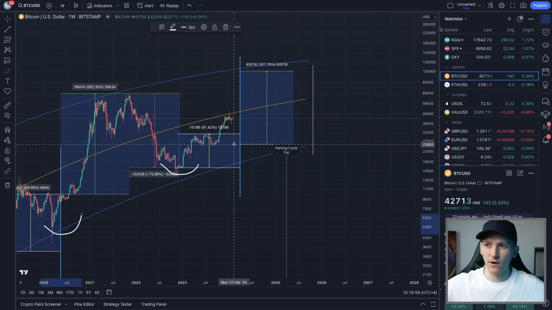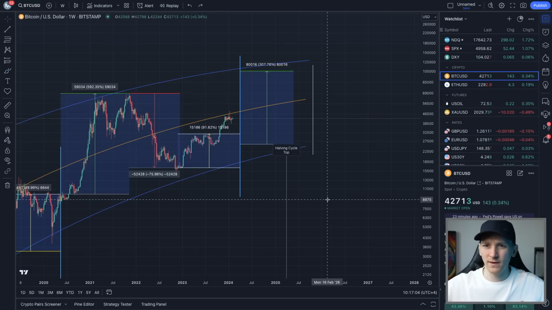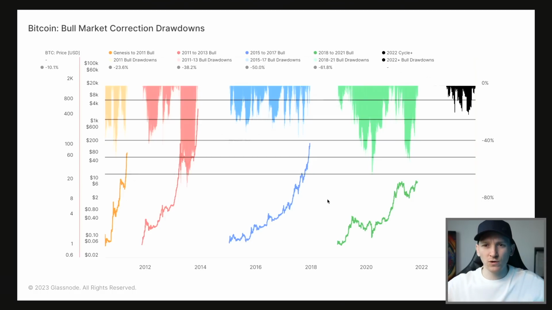So these are very good to keep your eye on. A drawdown of around 20% is very normal for Bitcoin during a recovery or a bull market, and we can be looking out for those, right? You don't want to just take a long position randomly. You want to look at a potential drawdown, right?